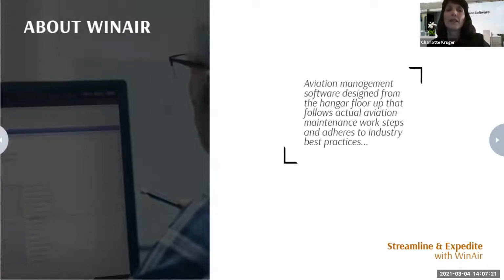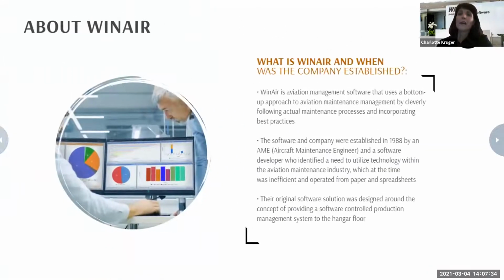So firstly, we're going to look at WinAir. WinAir is first and foremost a compliance software system. It was designed by an aircraft engineer who was working on the hangar floor. Way back in 1988, an aircraft engineer was a manager for a hangar and had a lot of people working for him.